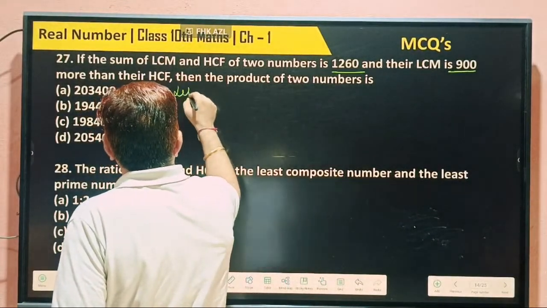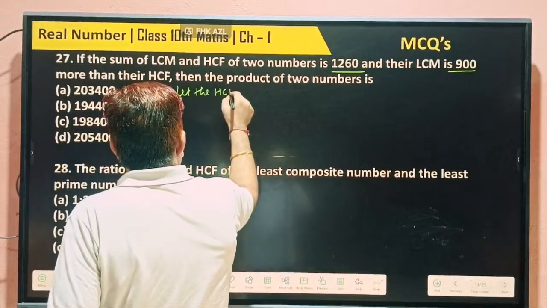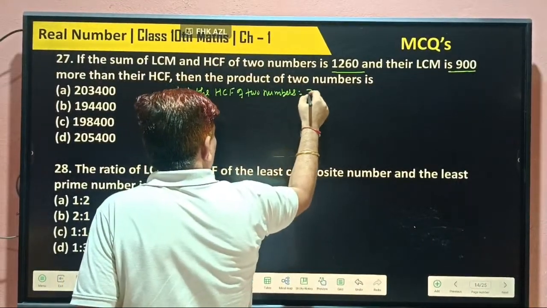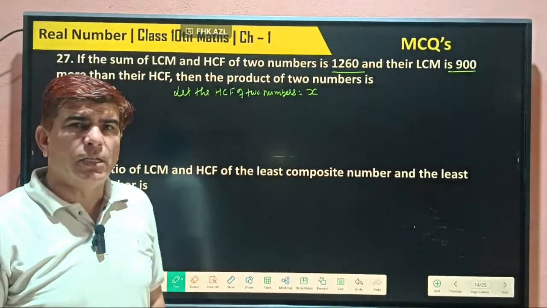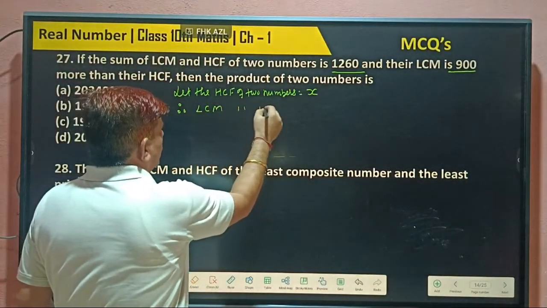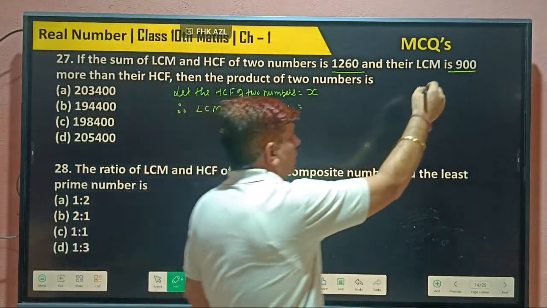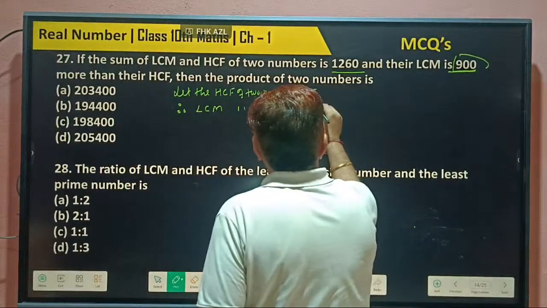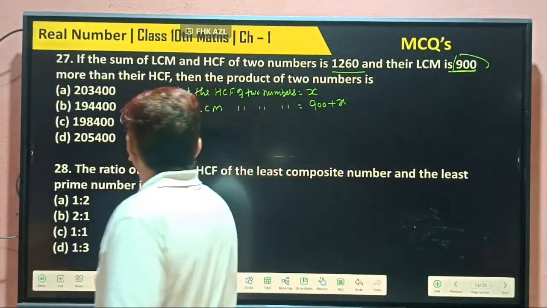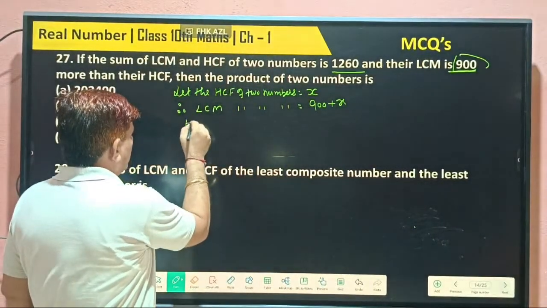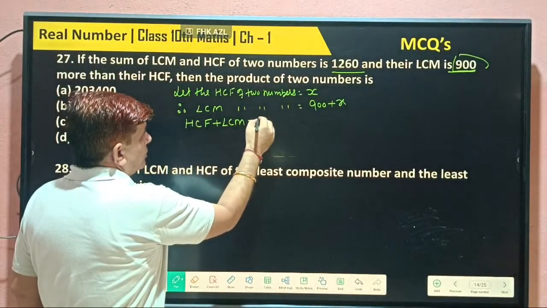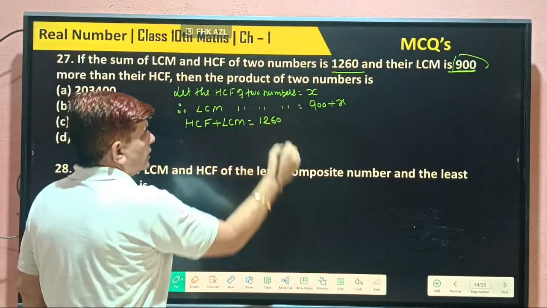Let the HCF of the two numbers be X. Therefore, the LCM of the two numbers, which is 900 more than its HCF, is 900 plus X. Now, according to the question, the sum of HCF plus LCM is equal to 1260.